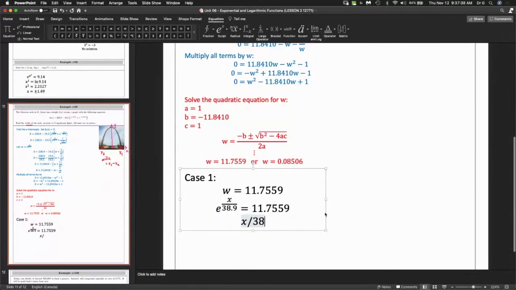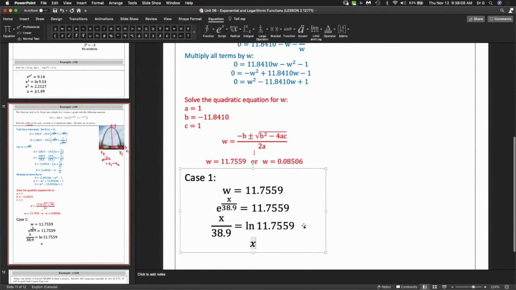So we get that x over 38.9 equals ln, log base e, of 11.7559. But we don't write log e, we write ln, because that's what log base e is defined as. So that's something that you could type on your calculator.